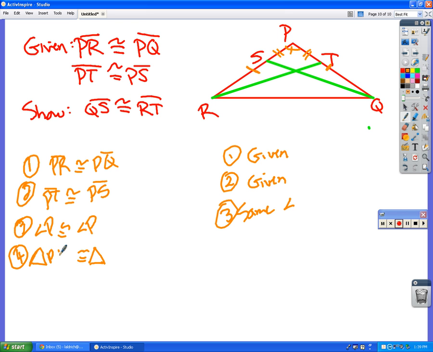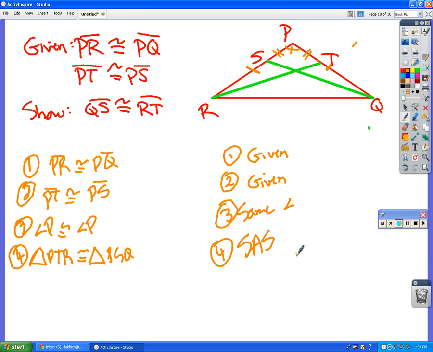PTR, so triangle PTR is congruent to, so if we went PTR over here, we're going to need to go PSQ over there. And I know those two things are congruent because I have two sides and an angle, and luckily for me, the angle is in between the two sides, so that is side angle side.